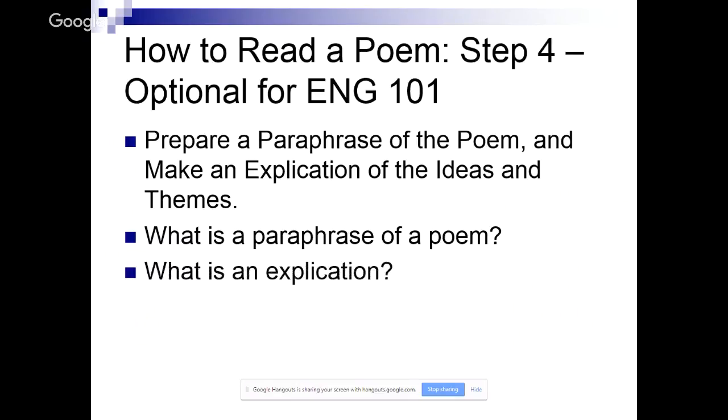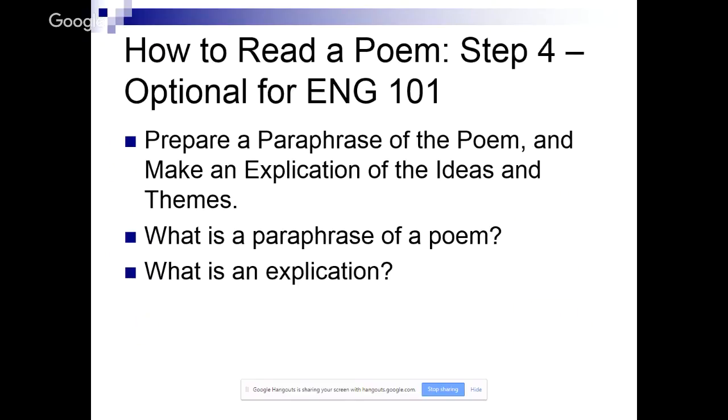Now, an explication is what we're going to be doing on this paper. It's an interpretation or analysis of the poem. You're getting to or expressing the poem's theme. Now, in the context of our paper, our focus on the theme is our reaction to it.